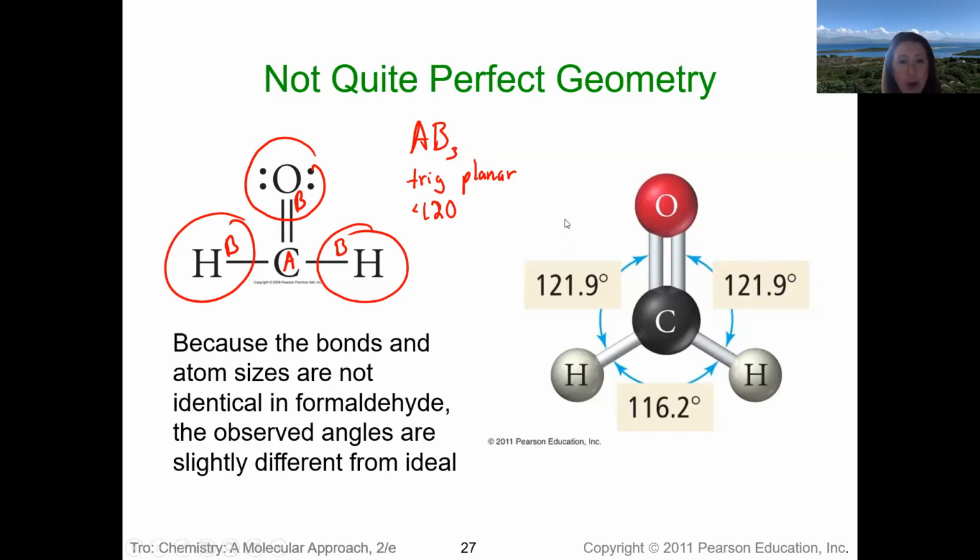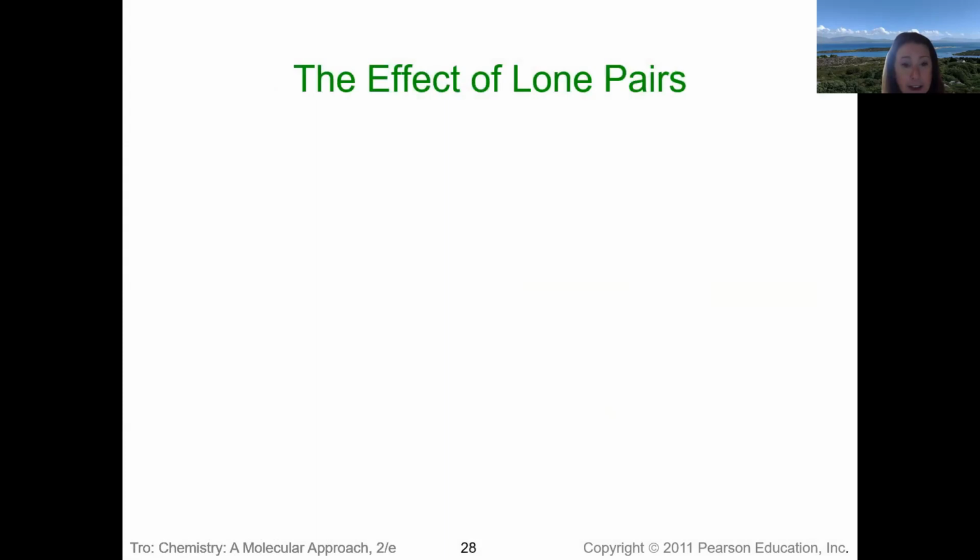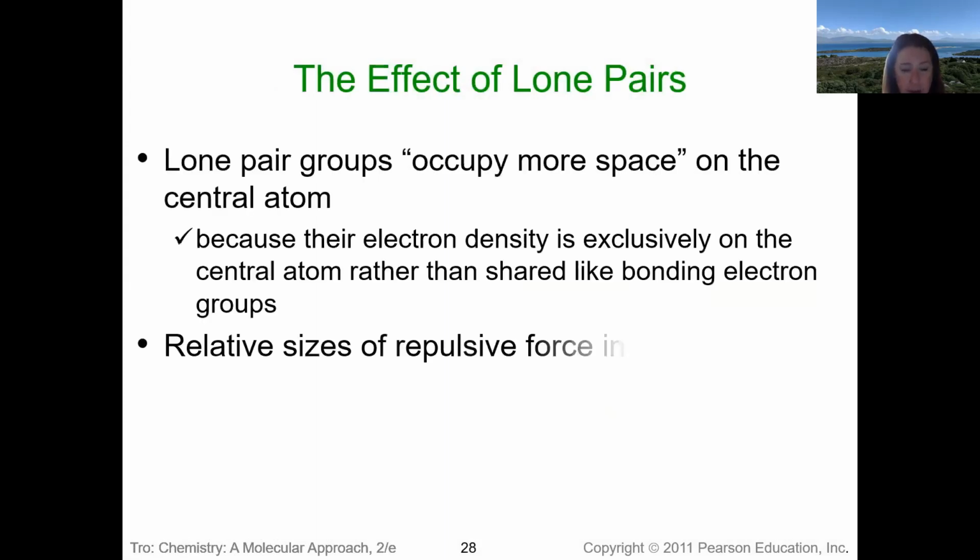Okay, so how do we know the difference in these bond angles? So let's look at the effect of these lone pairs. Lone pairs are going to occupy more space because their electron density is exclusively on the central atom rather than being shared. So it's going to have a much better ability to repel the other atoms in the structure.